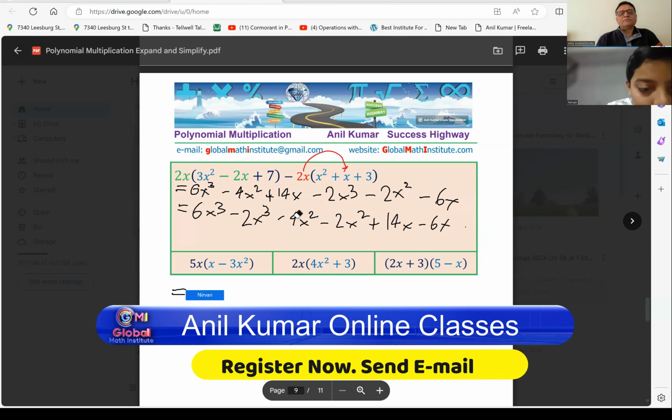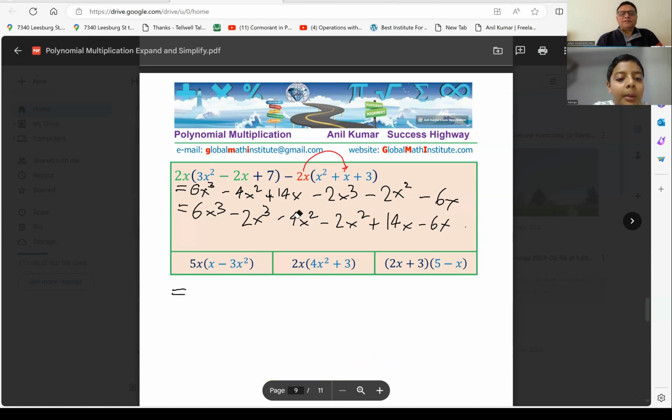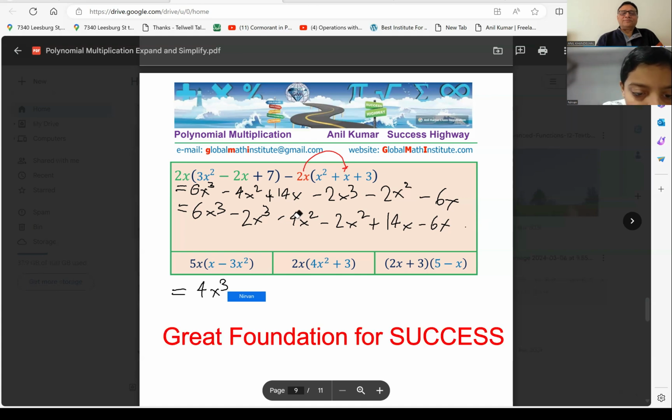So 6 minus 2. Always subtract the numbers first, or else it will be confusing sometimes. It's not like you cancel the x cubed of both of them. It's not like that. 6 minus 2, 4x cubed, minus 4x squared minus 2x squared.